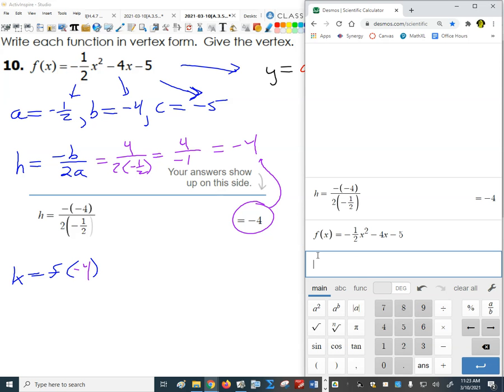There we go. And I want to do f of negative 4. I get 3.